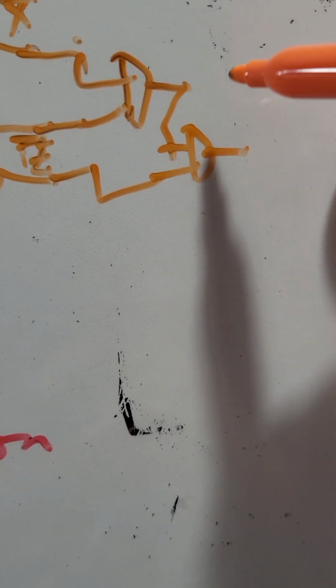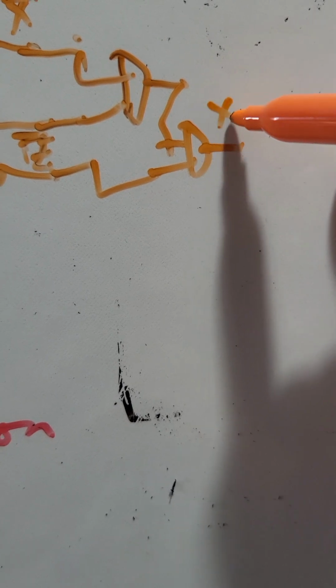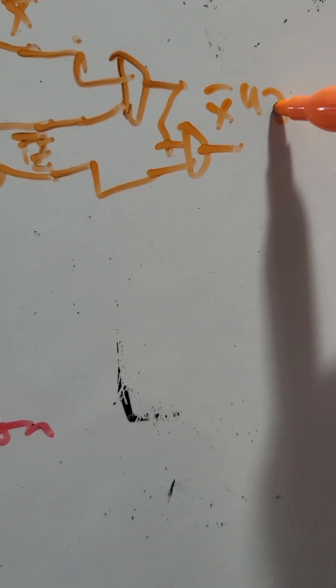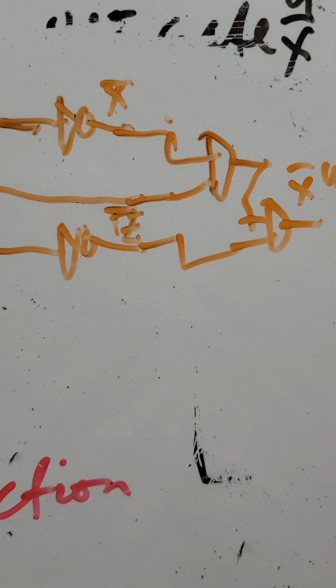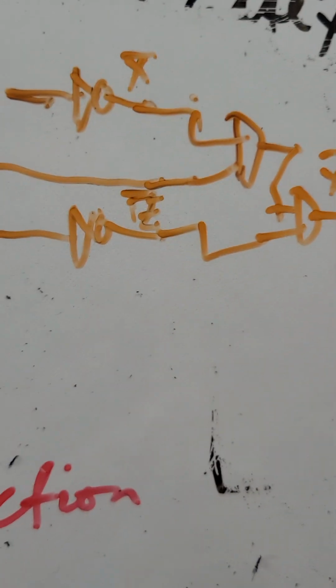So this is now x bar y z bar. It's only one term. So that's already 1 2 3 4 gates.